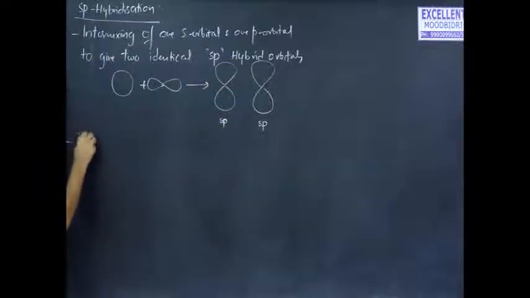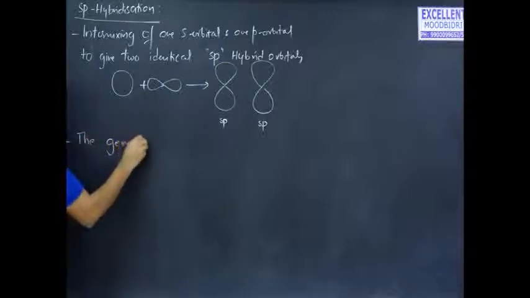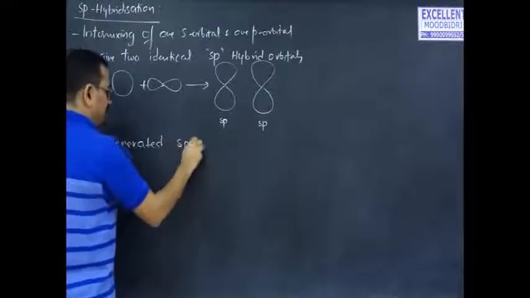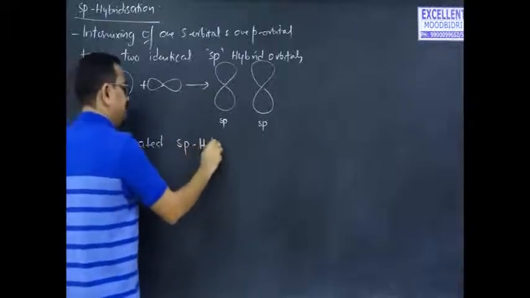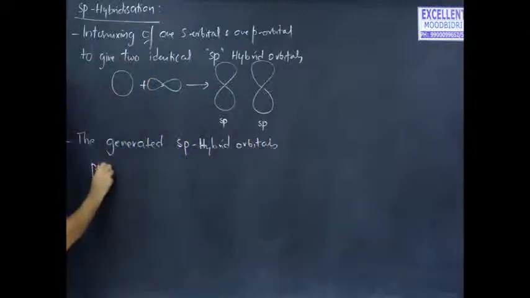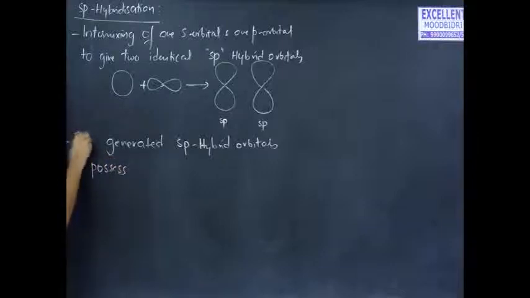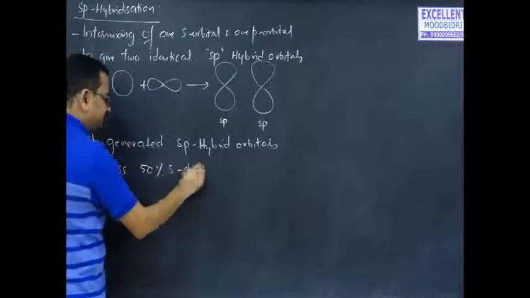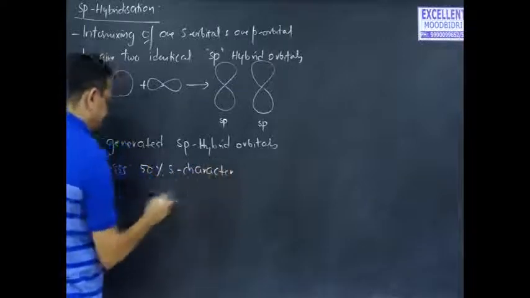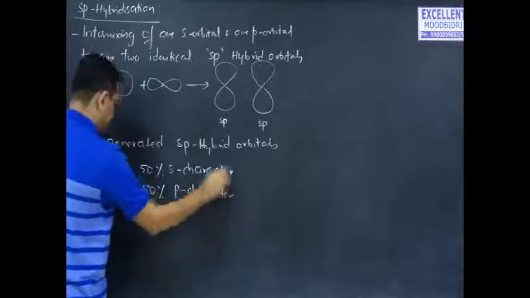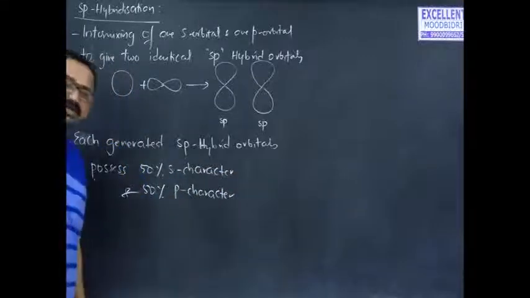Next, each generated sp hybrid orbital possesses 50% s character and 50% p character.